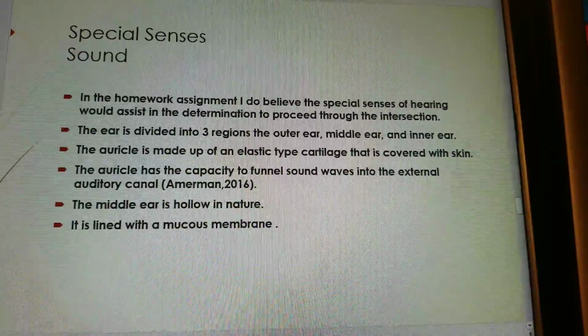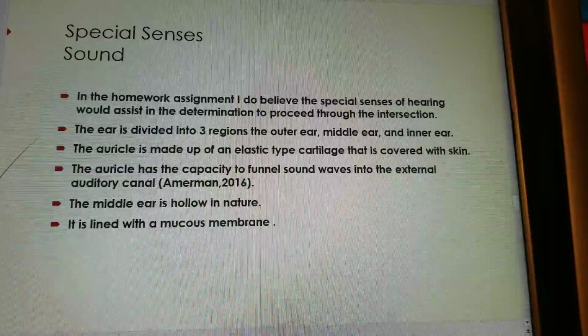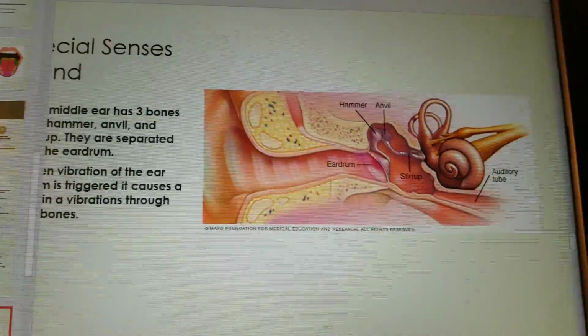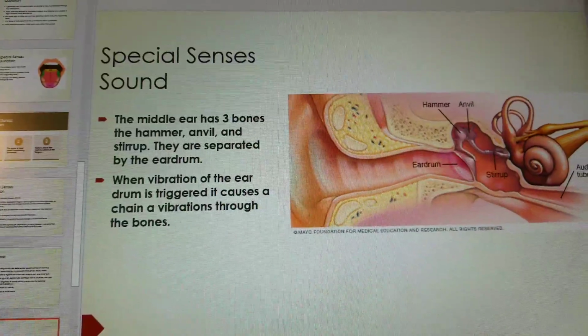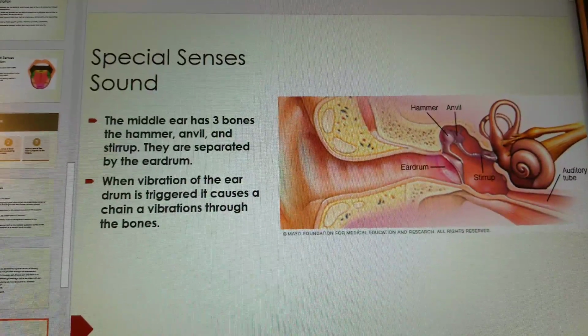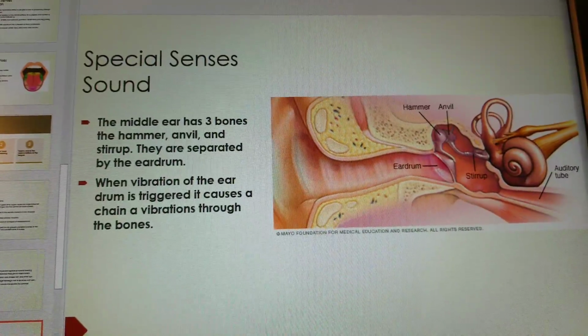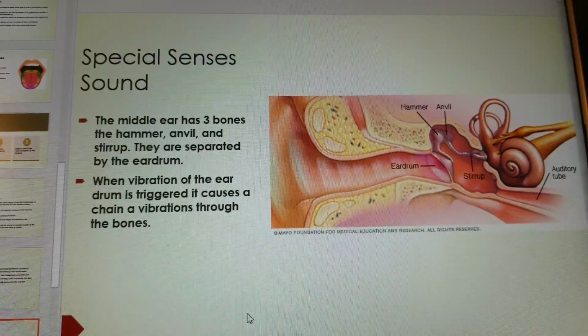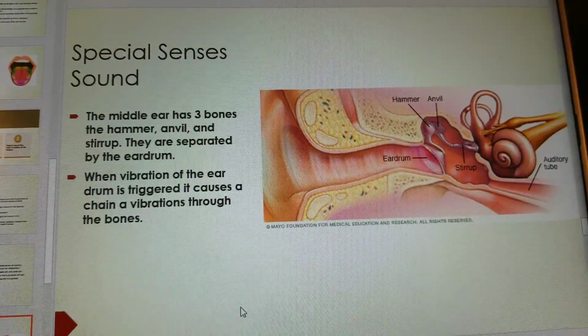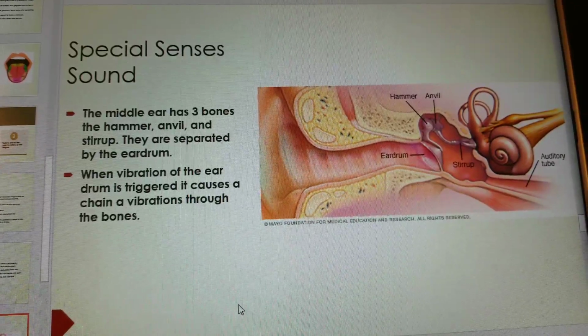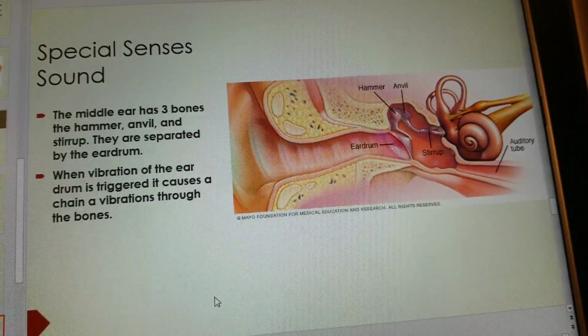The middle ear is hollow in nature. It is lined with a mucous membrane. The middle ear has three bones: the hammer, the anvil, and the stirrup. They are separated by the eardrum. When vibration of the eardrum is triggered, it causes a chain of vibrations through the bones.